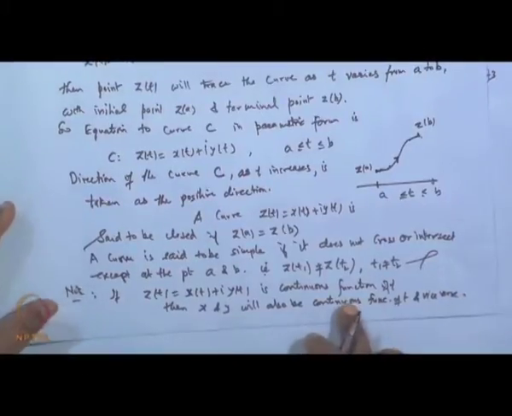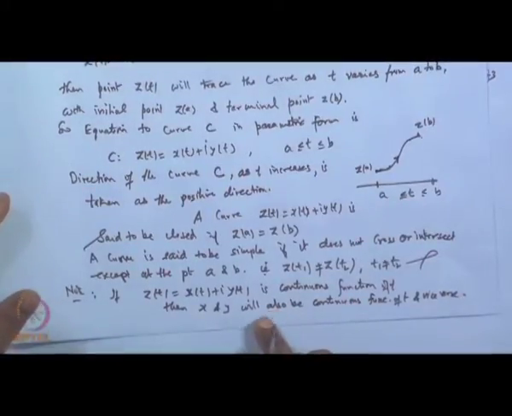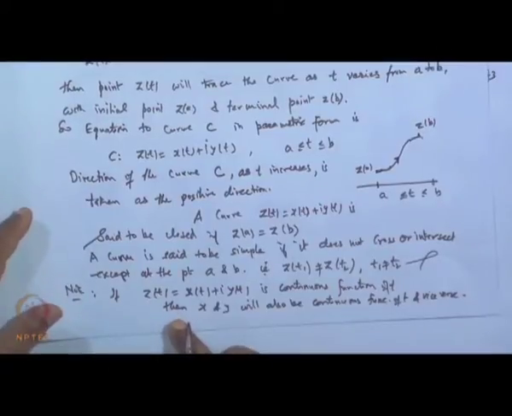If x and y are continuous, then the corresponding z(t) will also be a continuous function of t.